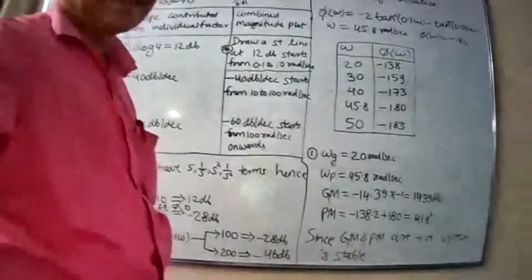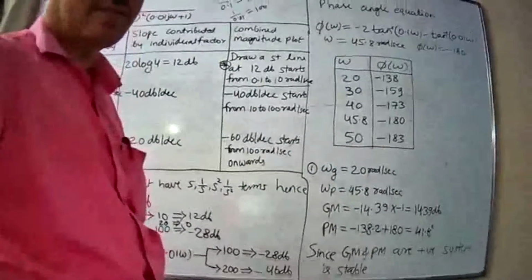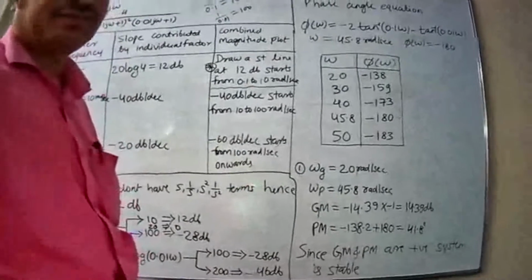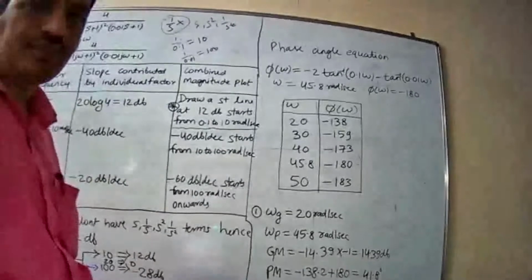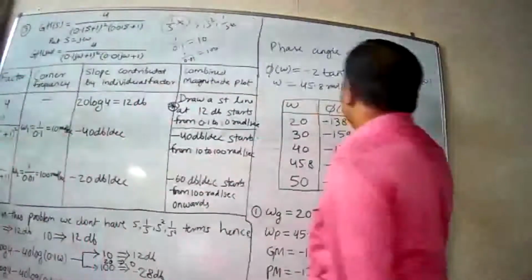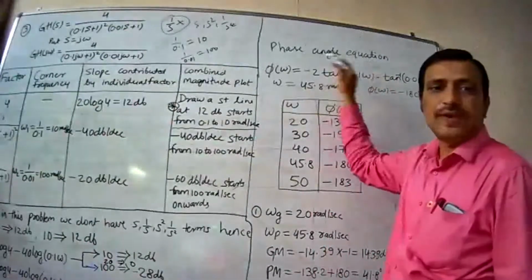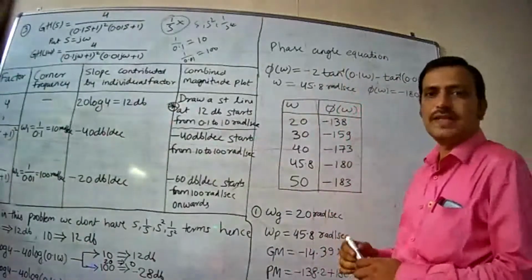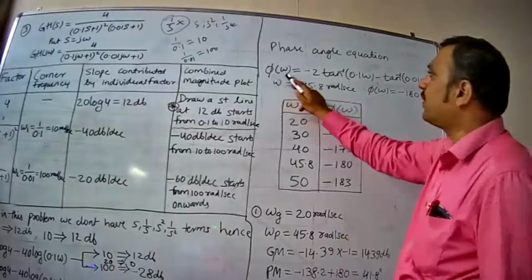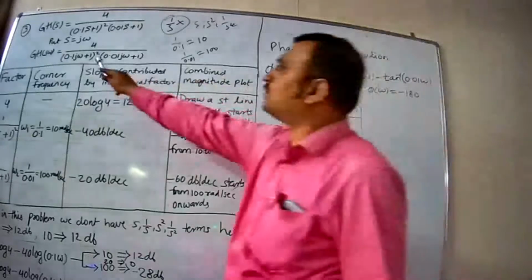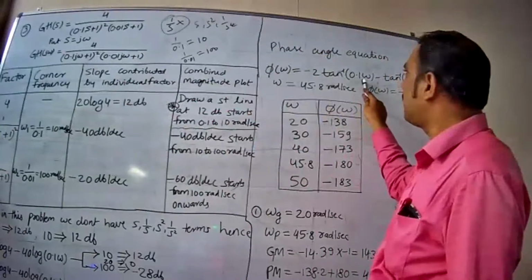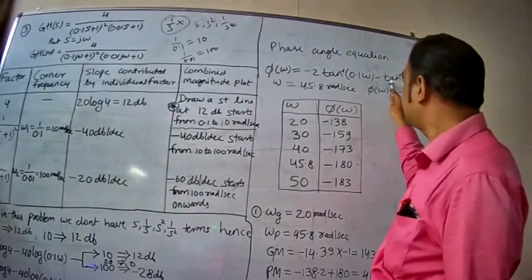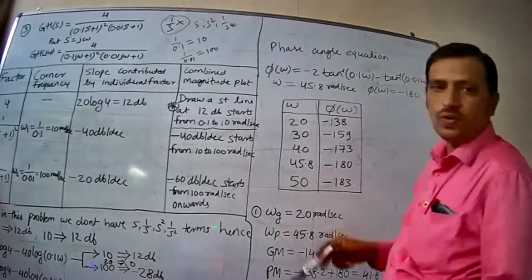Next, we will come to the phase angle curve. First we have to write the phase angle equation. Phi of omega is equal to, here two terms are there, hence I have written 2 minus 2 tan inverse of 0.1 into omega, again minus tan inverse of 0.01 into omega.